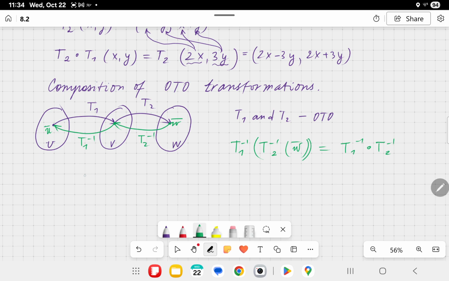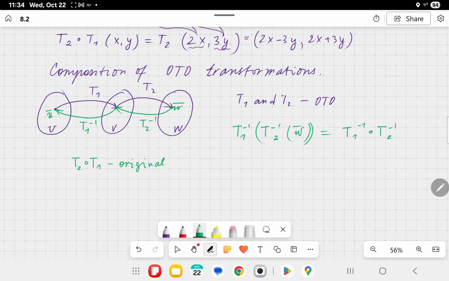So if we had original transformation T1, T2, then the inverse transformation of this, T1, T2 inverse, is going to be equal to T1 inverse by T2 inverse.